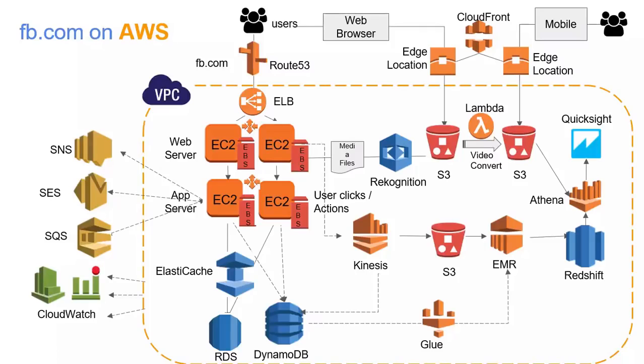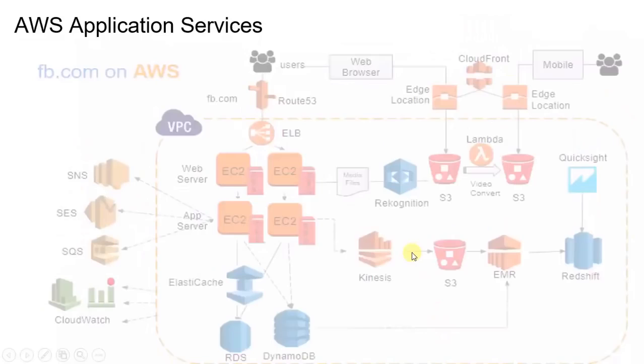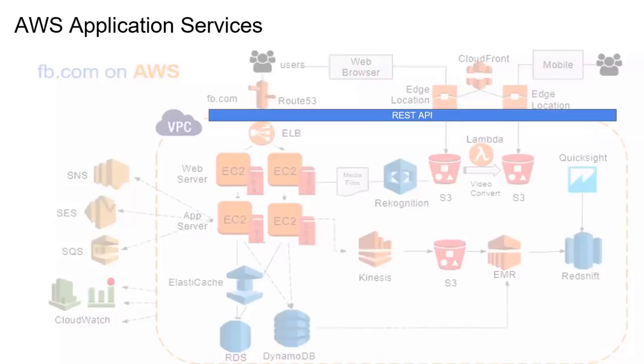Okay, next we want to see some more AWS services, and let's see some application services. Now, as you know, Facebook or Twitter or any other web service, or even Amazon itself, exposes all their services through API calls, so that different third-party applications can integrate with these applications, and for that they need a REST API service where they can expose all their APIs.